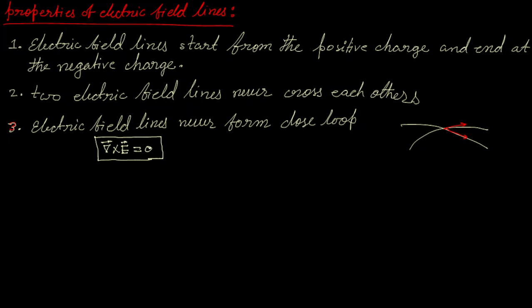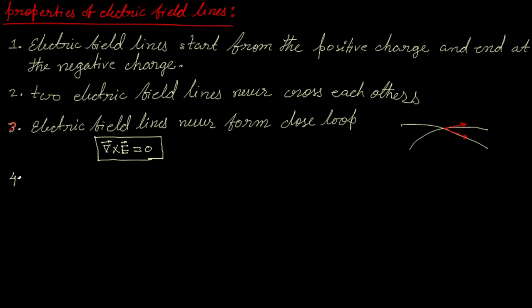If it is rotated about some axis, then only the curl of this vector will be non-zero. But since electric field lines never form a closed loop, there will be no rotation of electrostatic field lines. Because of that, the curl of the electrostatic field is always 0.